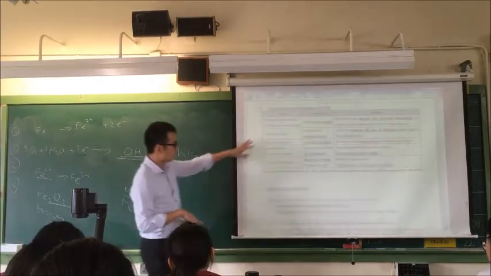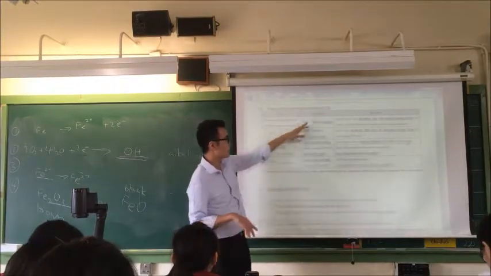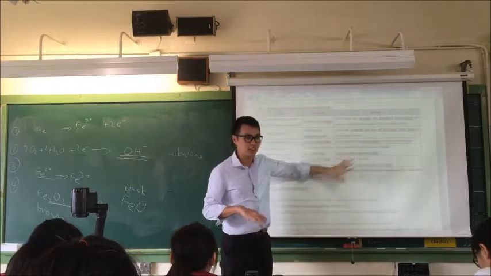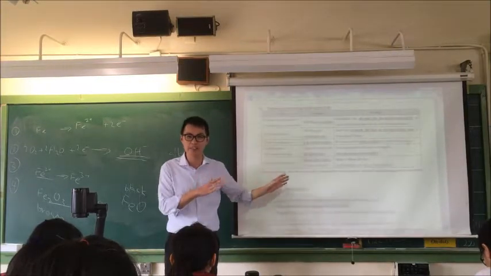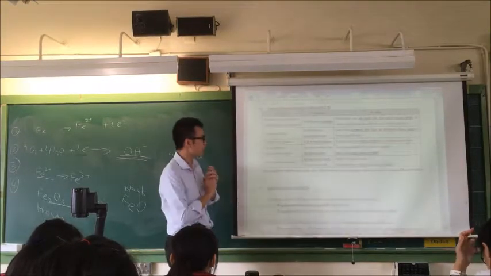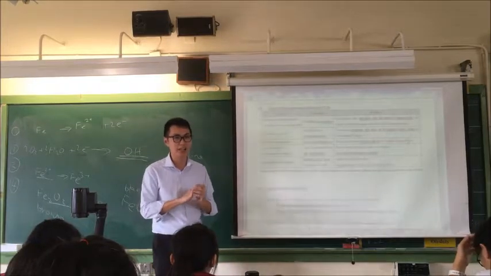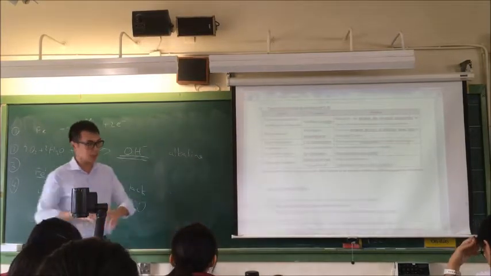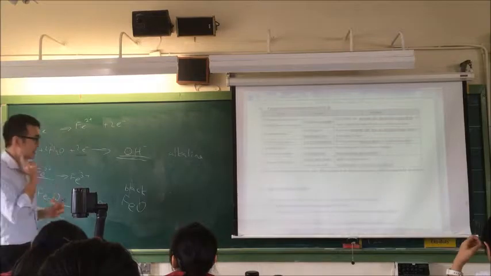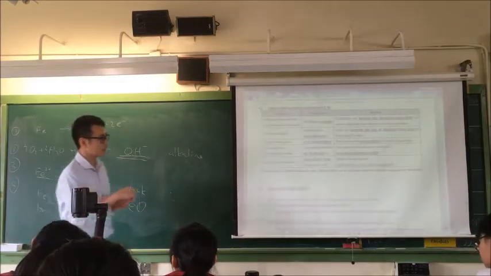So we have 1, 2, 3, 4, 5, and we have some examples and some reasons. Of course, you can just memorize all of them, but I would like you to know the principle behind. So maybe you can add one note right here.